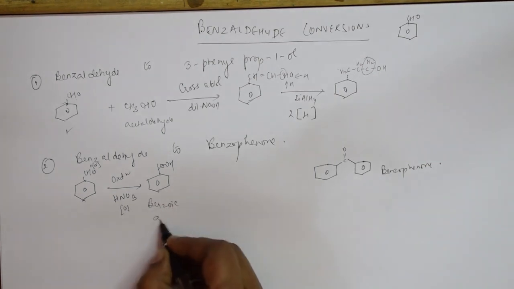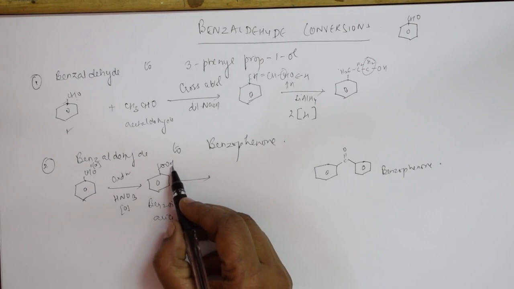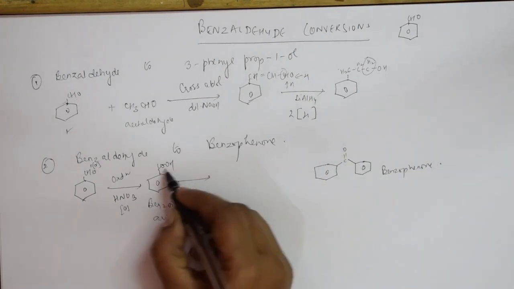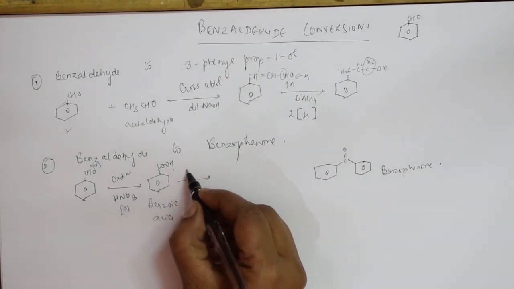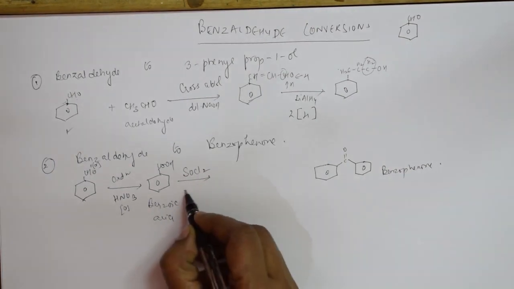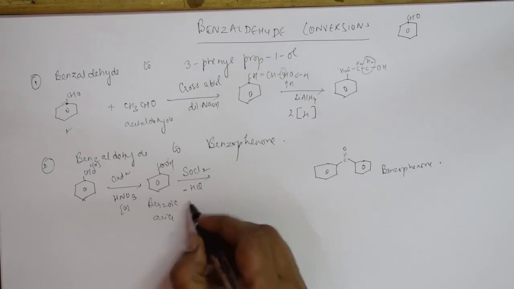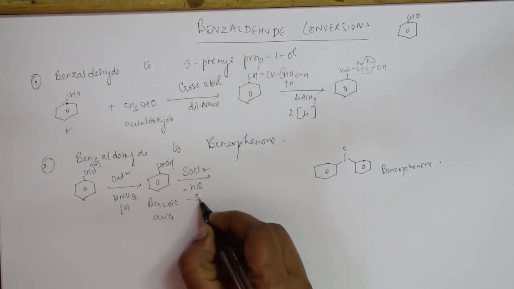Now I'm almost coming closer. To this benzoic acid, gradually what should I do? I have to take out this hydrogen, isn't it? Why? Because I need that ketone group. Careful. To take out that hydrogen, I'm going to introduce thionyl chloride. So that means directly HCl is out, H and Cl. And sulfur becomes sulfur dioxide gas.